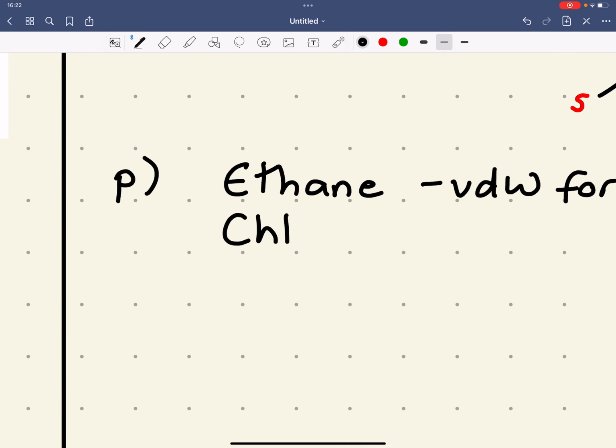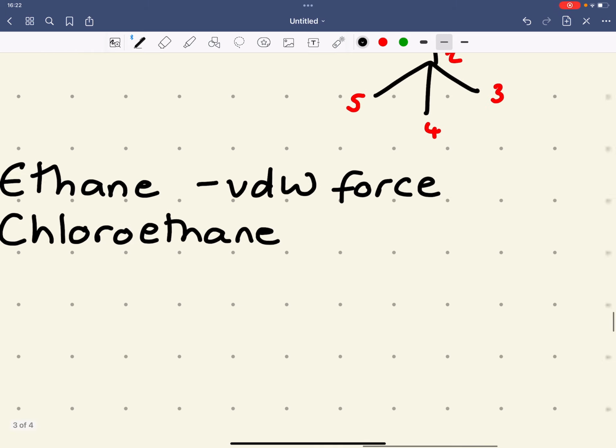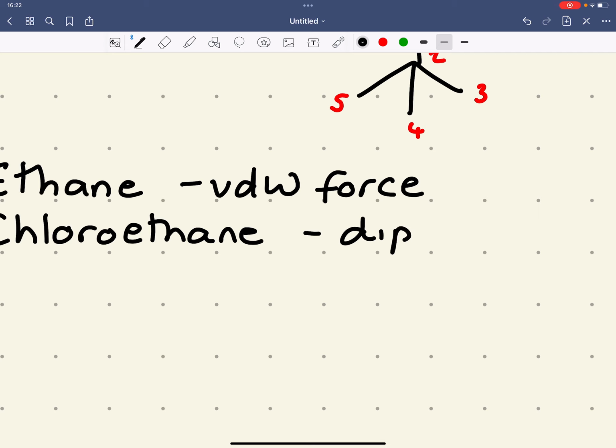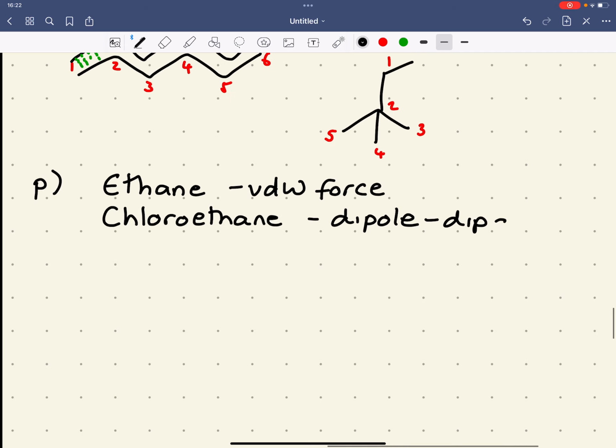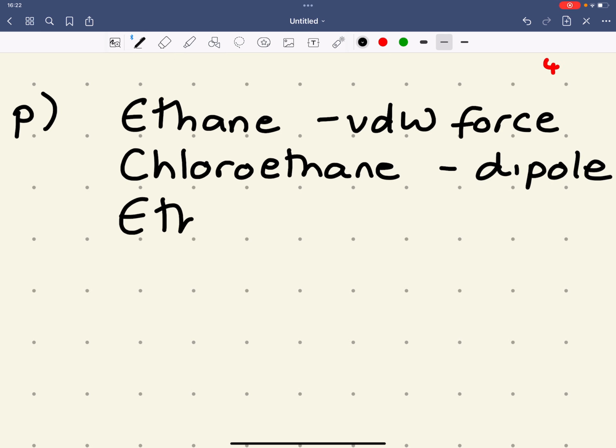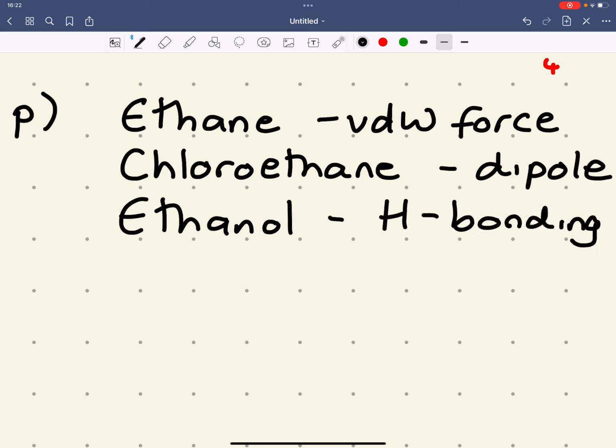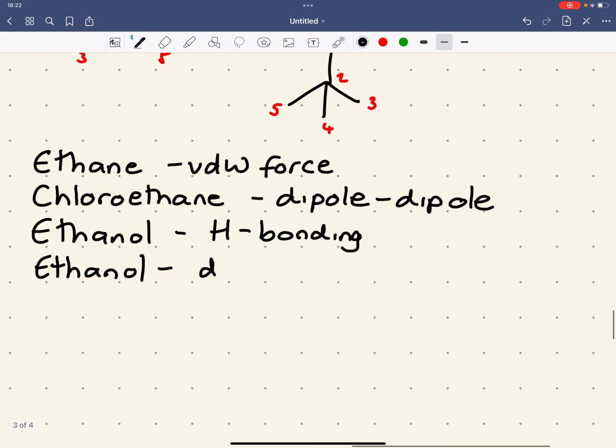Chloroethane would be dipole-dipole forces. And ethanol, well, they would form hydrogen bonding. And ethanal would also be dipole-dipole forces as well.